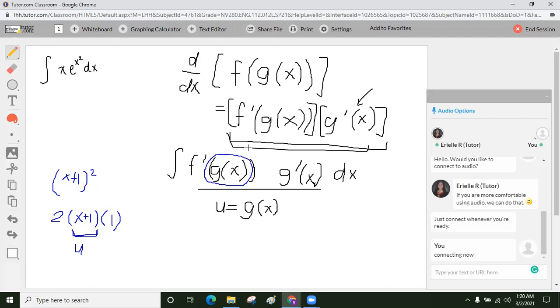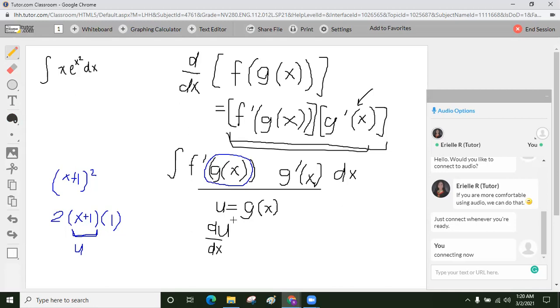So we need to get the derivative of your u, which is du. But is it du, or I think the notation that I've seen is d over dx to find the derivative of u. Can this be applicable as well?